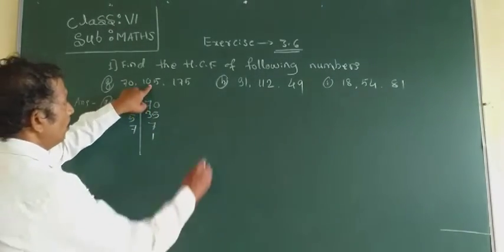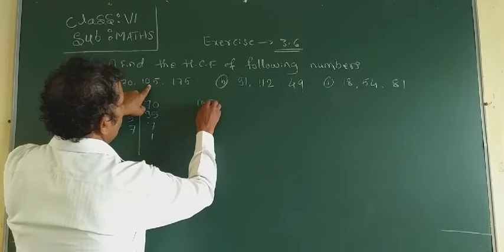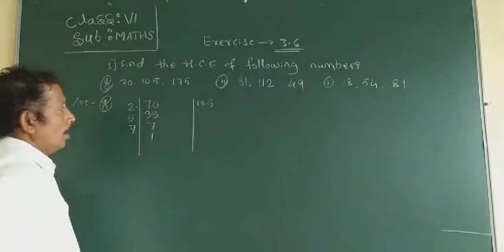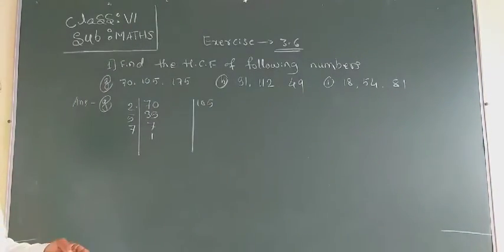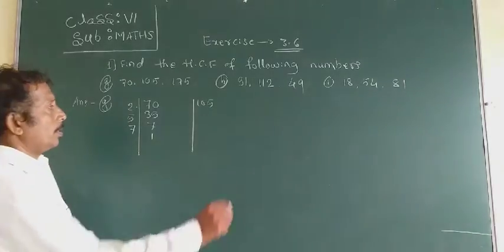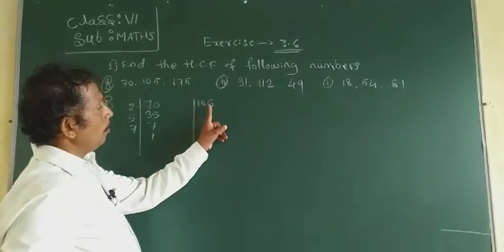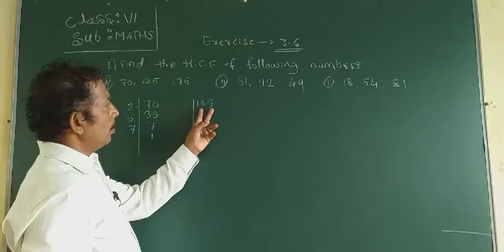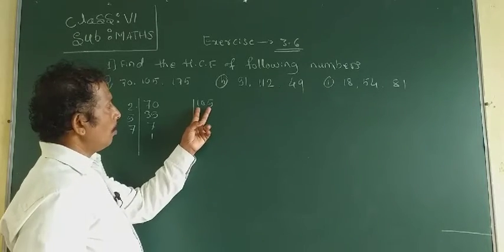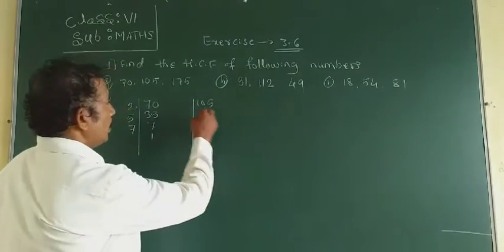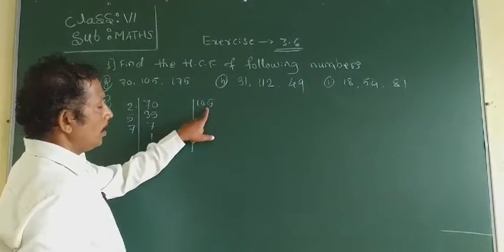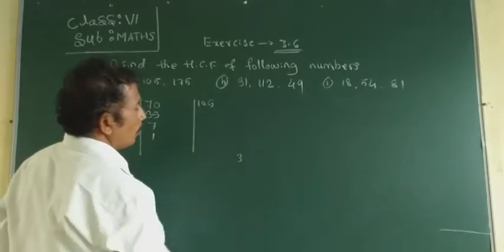Next take the number 105. Divide 105 by prime numbers. This number is ending with 5. This is an odd number. We cannot divide this by 2. Next, check whether this number is divisible by 3 or not.